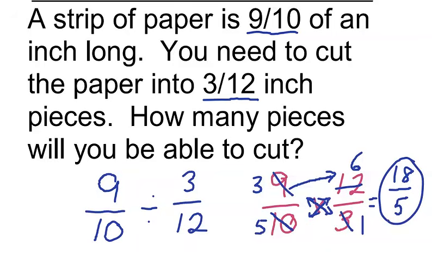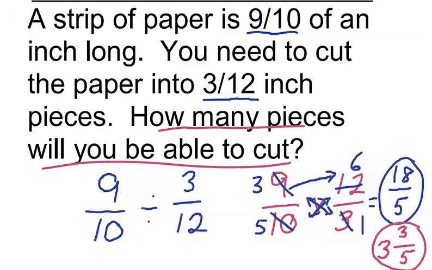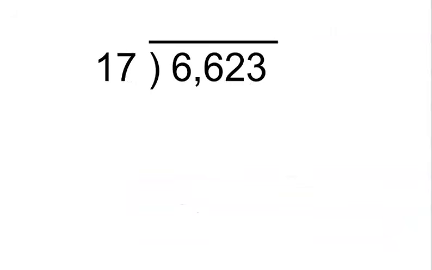So 5 goes into 18, 5, 10, 15, 3 times. We've used 15 of the 18. So there's going to be 3 left over out of the 5. So 3 3/5. How many pieces will you be able to cut? 3 3/5 pieces.